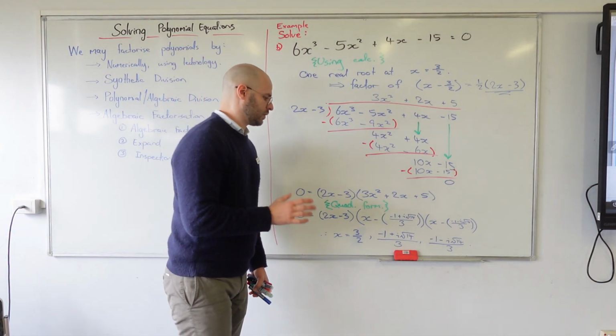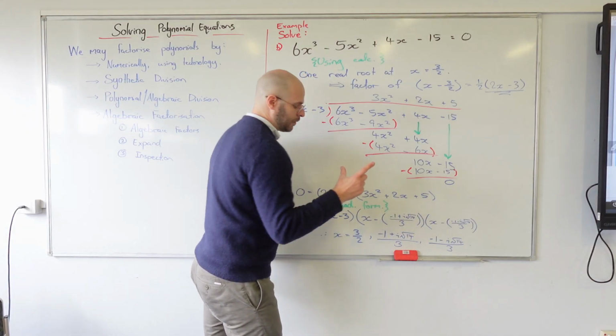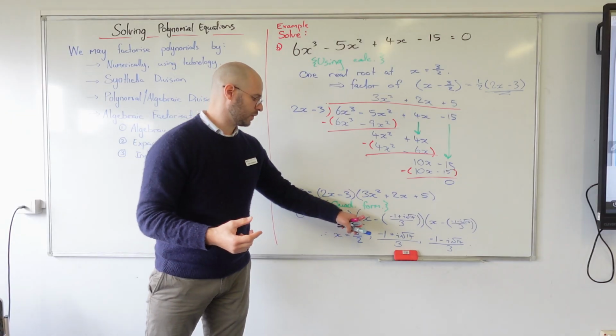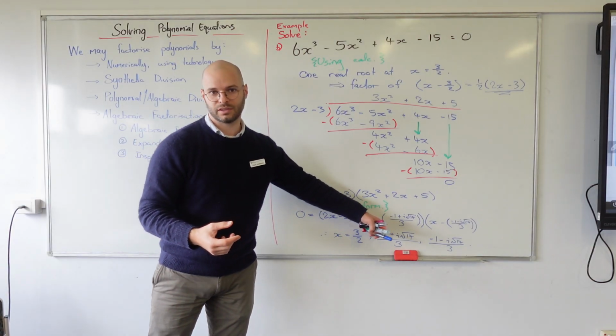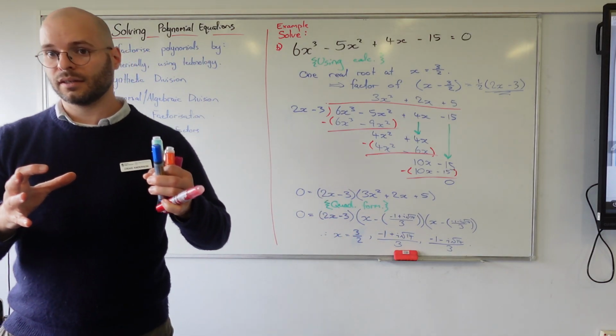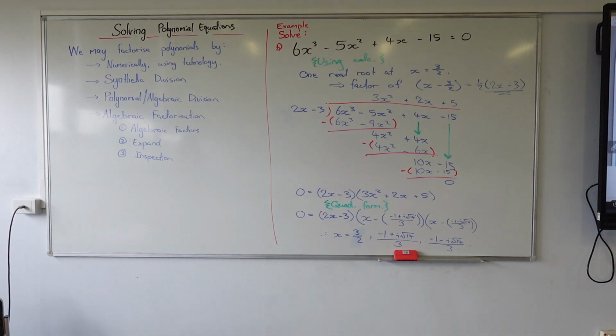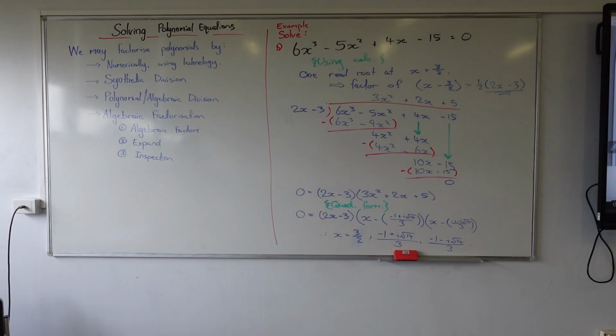The reason I choose not to do it like that is because, remember, we're trying to solve the equation here. We're not trying to find the factorized form, we're just trying to solve the equation. So if you leave the root in the bracket, there's less double handling and less chance for human error. Does that answer your question? Yeah. If it said what are the factors or fully factorized, then you would, if you chose to, get rid of the brackets and bring the -1 all the way through.